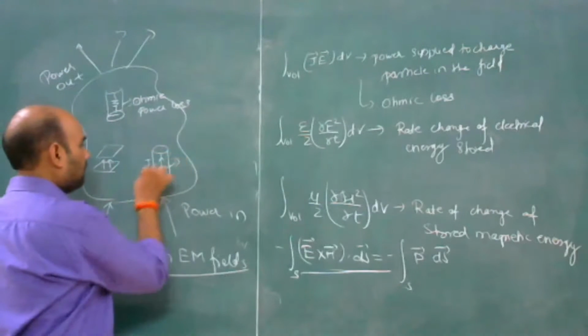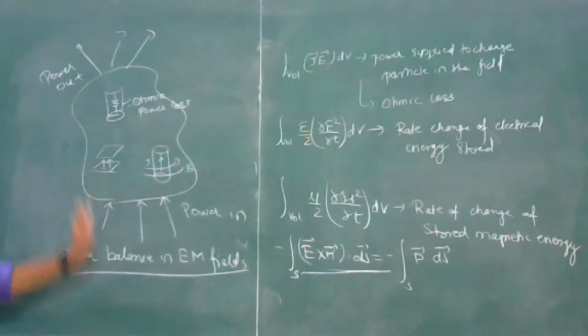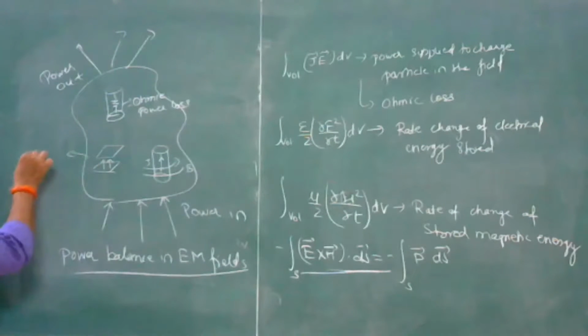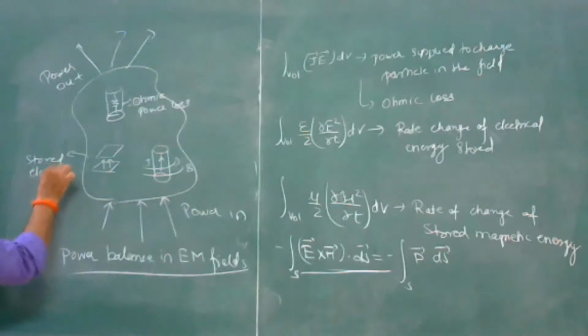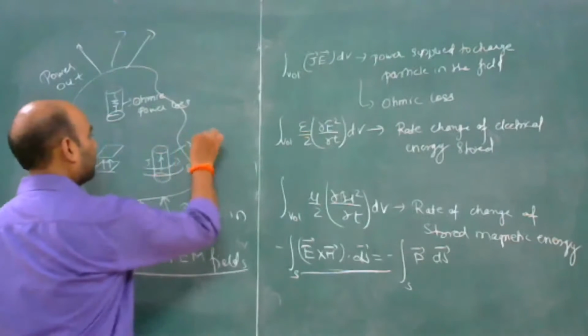J is flowing and B is in. So this is the physical interpretation of this Poynting theorem. So this is the stored electrical energy, and this is the stored magnetic energy.